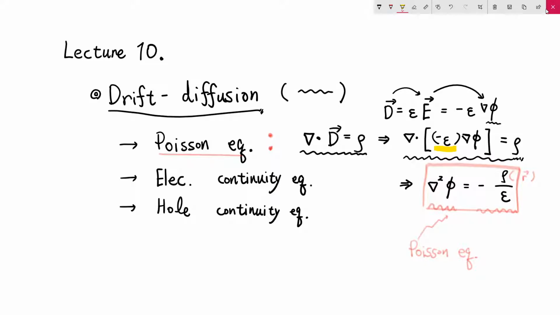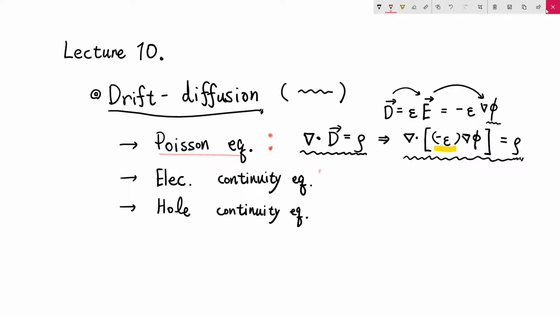So we have to keep this form, but for historical reasons we just call it the Poisson equation. So please note that whenever I say Poisson equation, although that is not exactly the Poisson equation, I'm just calling this equation that. Okay. If you have any question, please ask me.